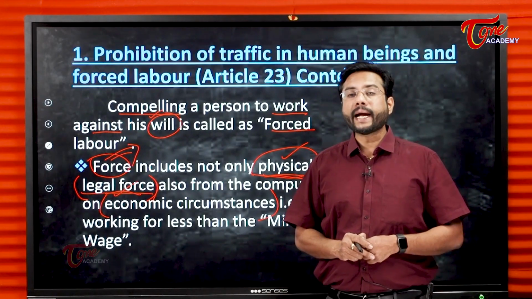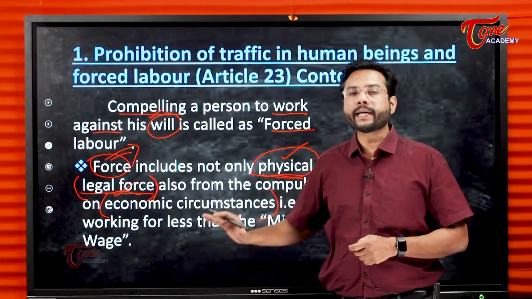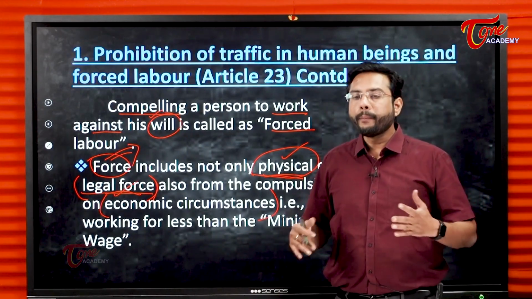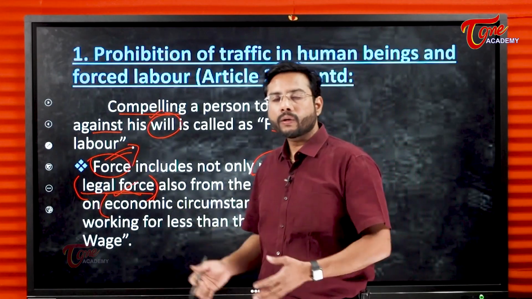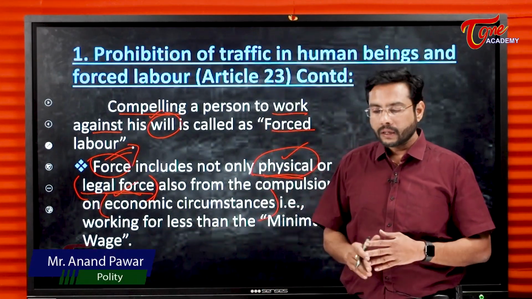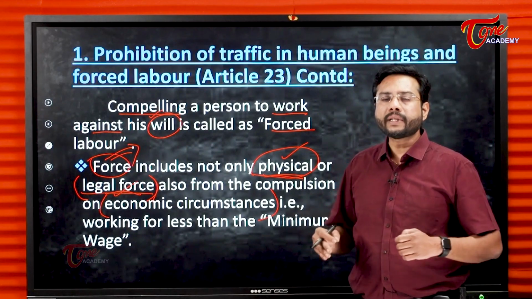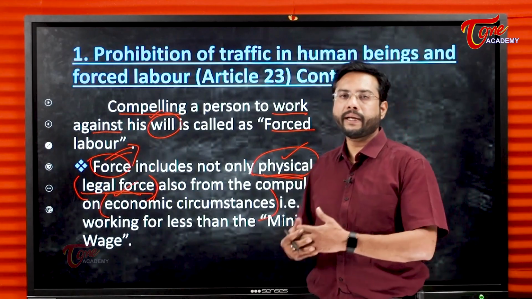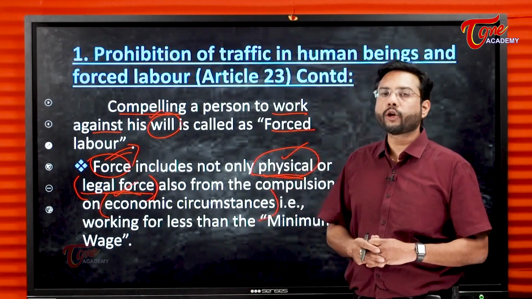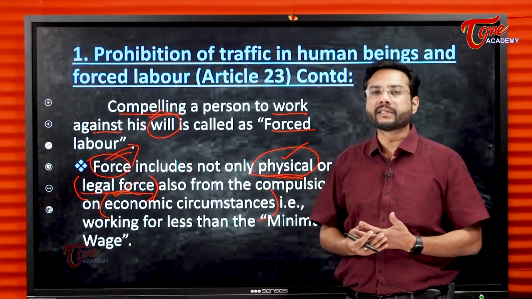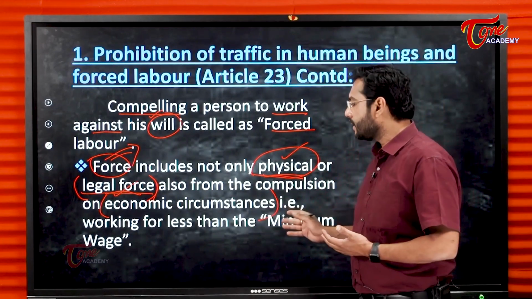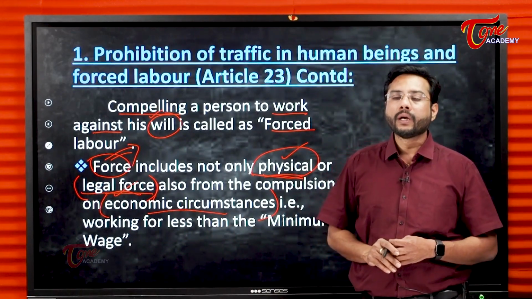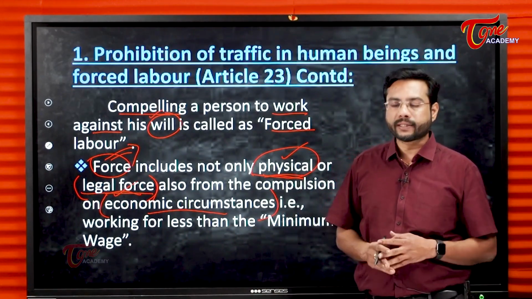And to take advantage of that bad economic condition, some employer would make him work more or harder, or do something which is ethically or morally not acceptable to him. Everyone will face such economic circumstances sometime in their life, which force some people to work though they are not interested.